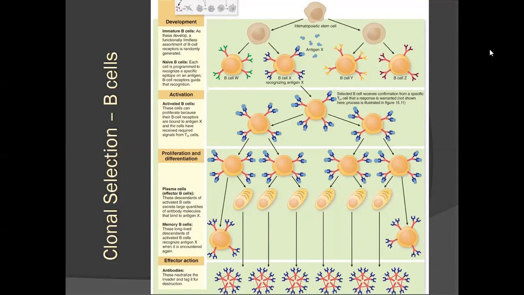All right. So I want to point out just a couple small differences between T cells and B cells. So this is great for B cells. What's different for T cells? Well, remember, T cells don't bind free-floating antigen. And so a naive T cell will have a T cell receptor on its surface, but it will have to have something bring the antigen to it via that MHC complex.